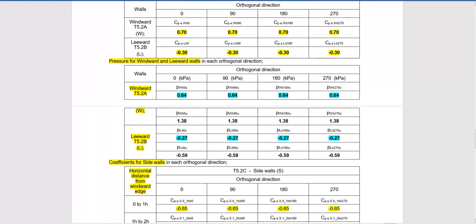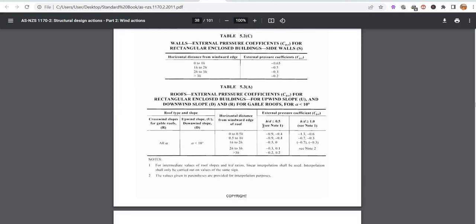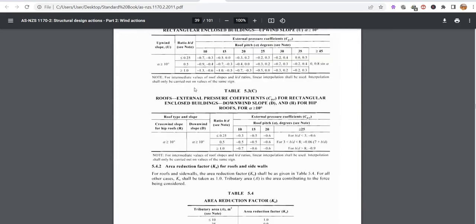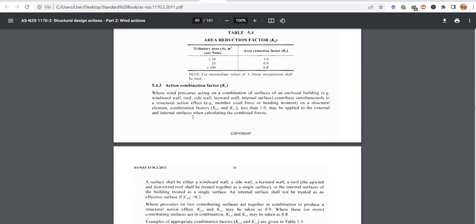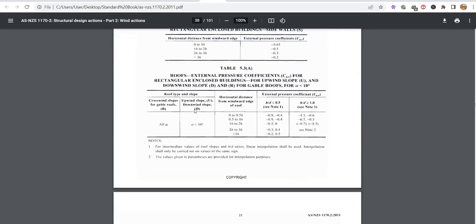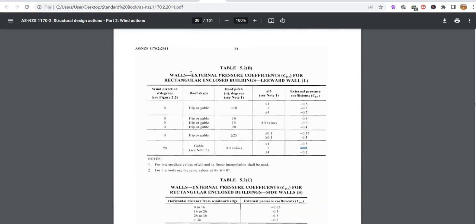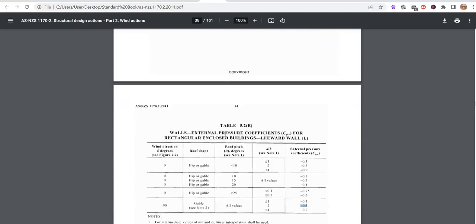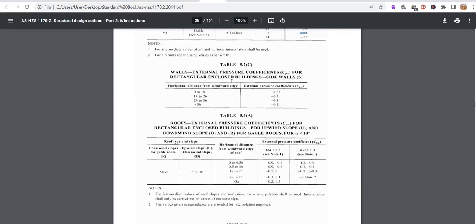So to get the Cpe for the side wall, go back to the table. External pressure Cpe, this is my side wall.